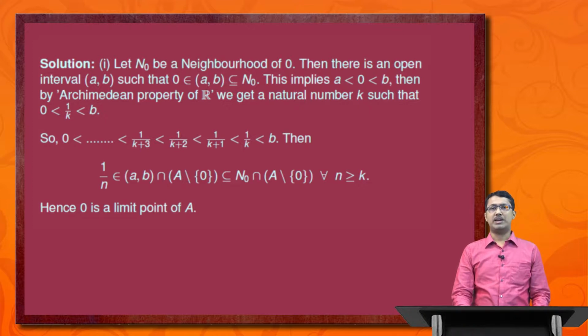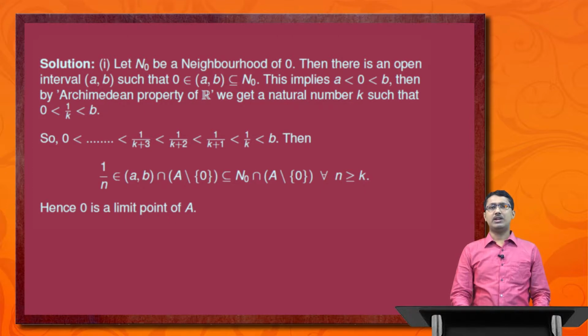So 1/(k+1) is strictly less than 1/k because k+1 is also an integer and k+1 is strictly greater than k. Similarly, 1/(k+2) is strictly less than 1/(k+1), and 1/(k+3) is strictly less than 1/(k+2), and so on. All elements 1/k, 1/(k+1), 1/(k+2), and so on are positive, because k is a natural number and 1/k is strictly greater than 0.